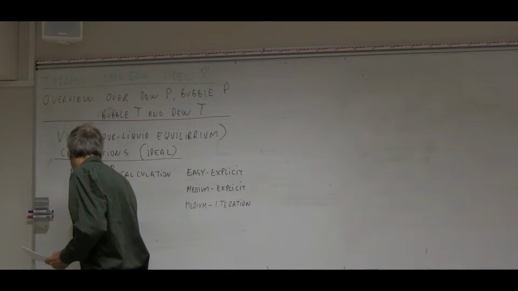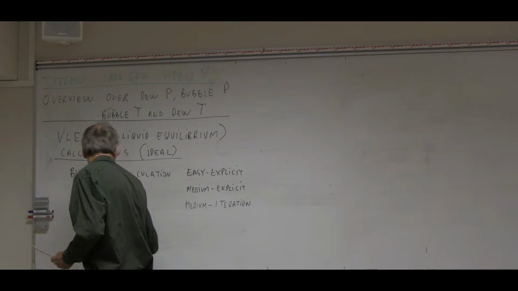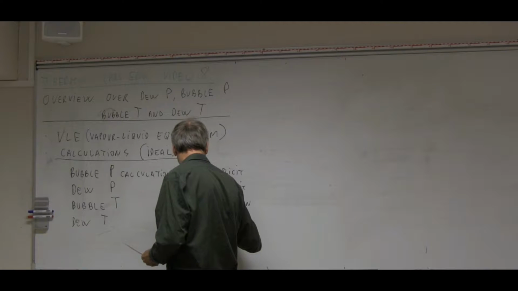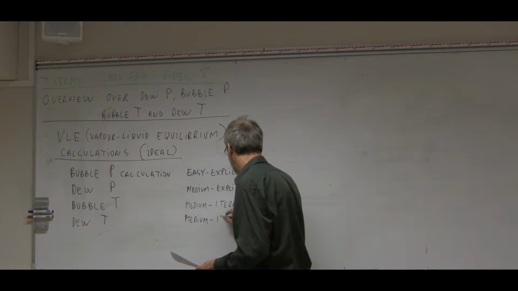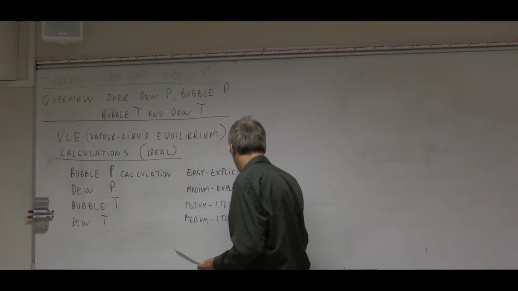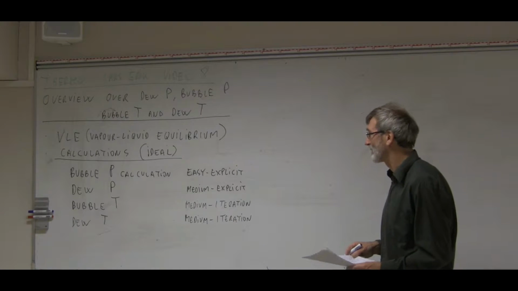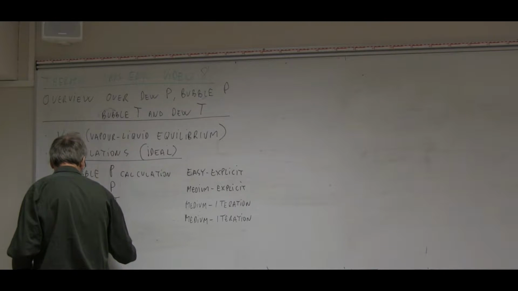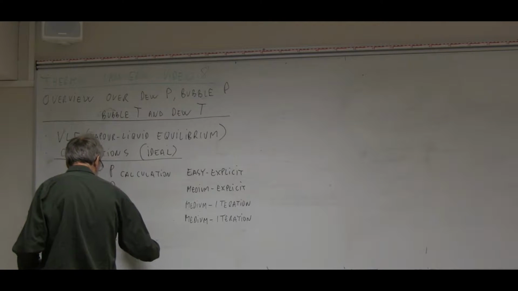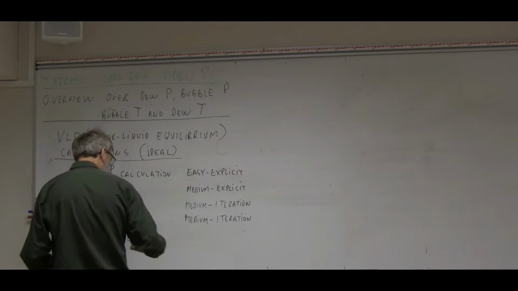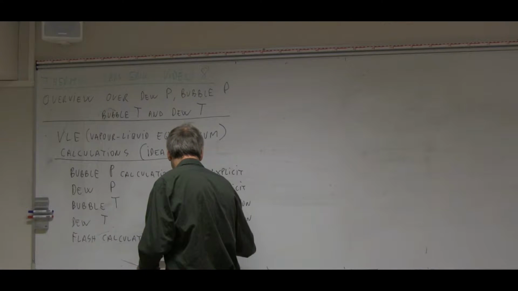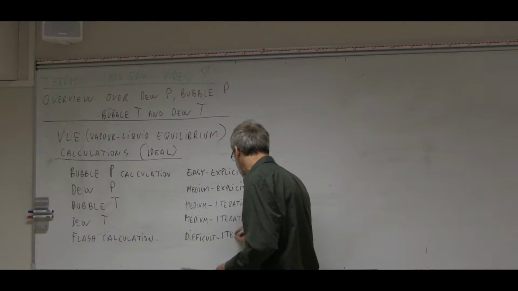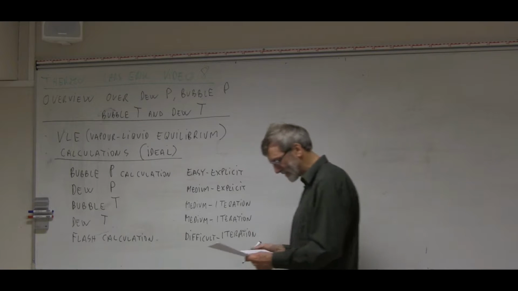And we have DewT, which is medium difficult, and then we also have the flash calculation, which is more difficult and also needs iteration.